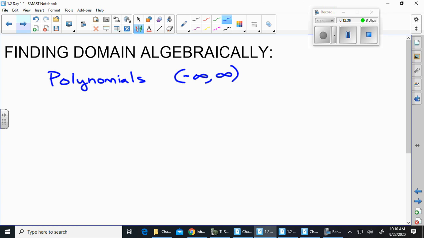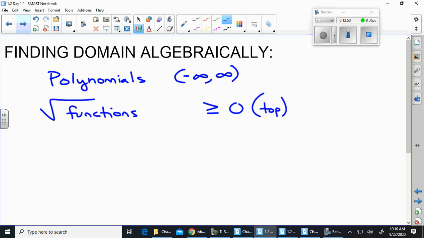If you have square root functions, what you want to do is think, set what is inside greater than or equal to 0 if it's on top. If it's on the bottom, you would want to set it greater than 0. So that's the first thing. That's the second thing.